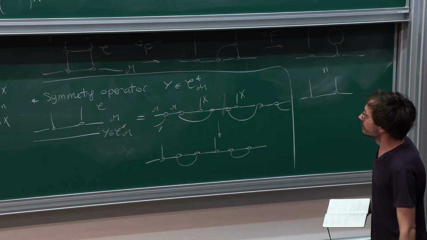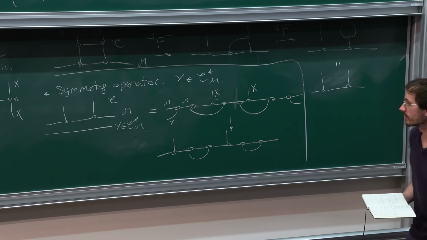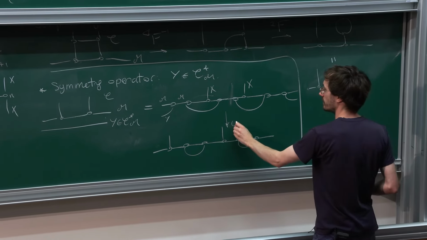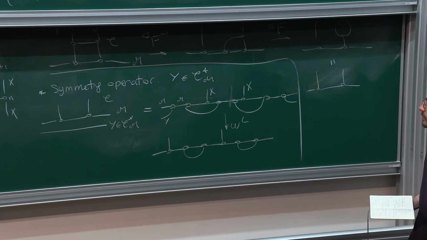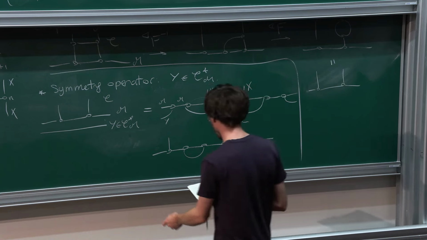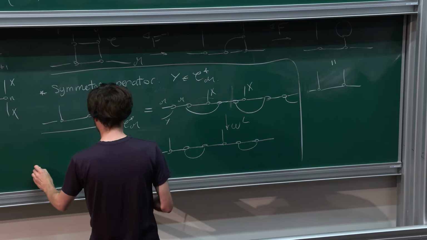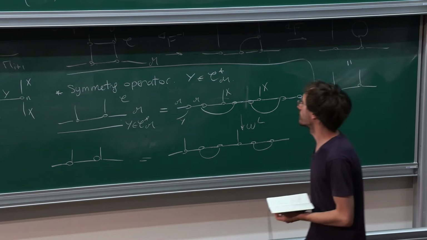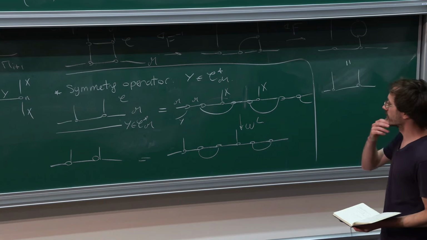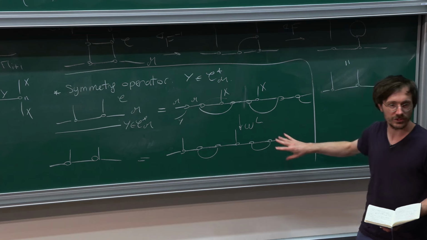And so when you do this, you can get something that looks like this. So I just move this one, if you want, to the other side of X there. I'm using repeatedly this omega, the module structure of the module functor. And then I can just simplify the diagram using the orthogonality condition. Now, let me emphasize this: when you do these moves, you have some sums over intermediary labels.